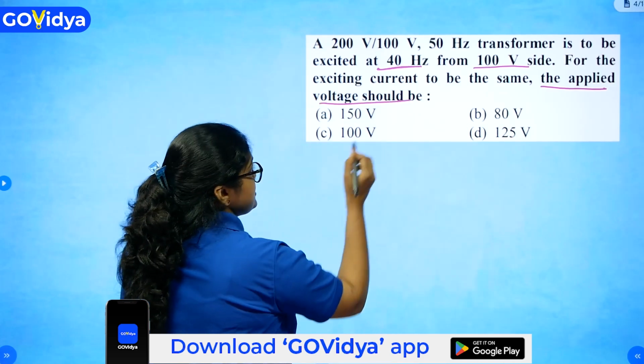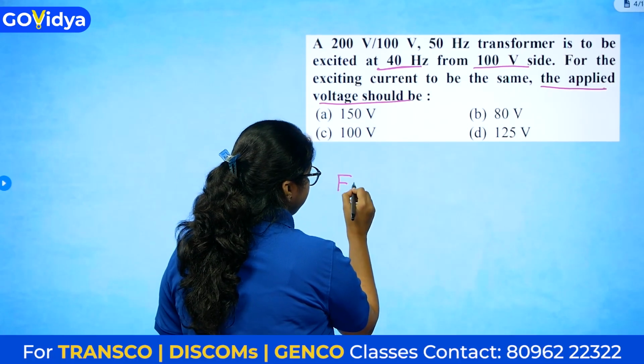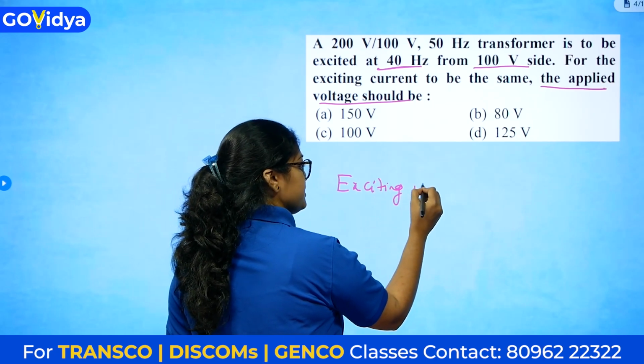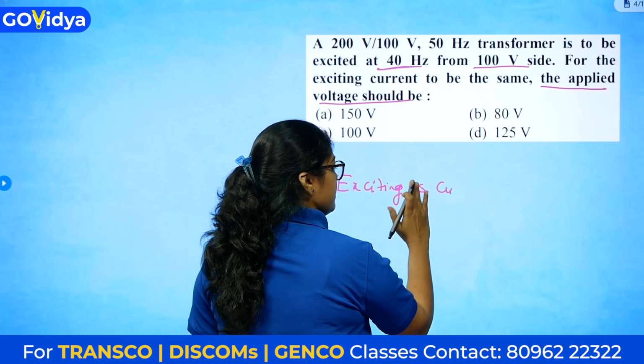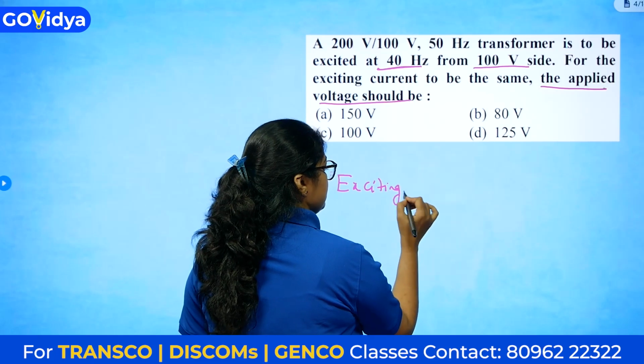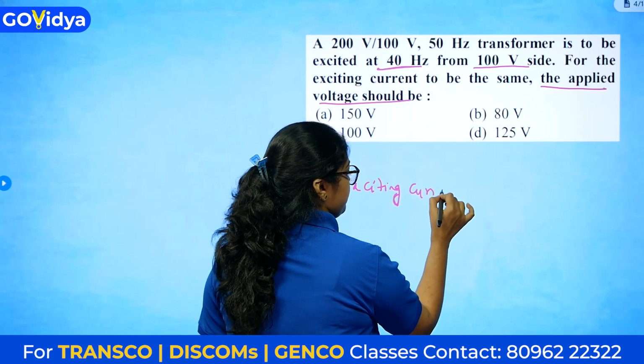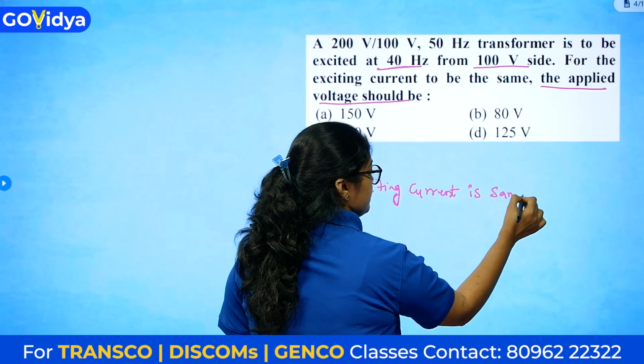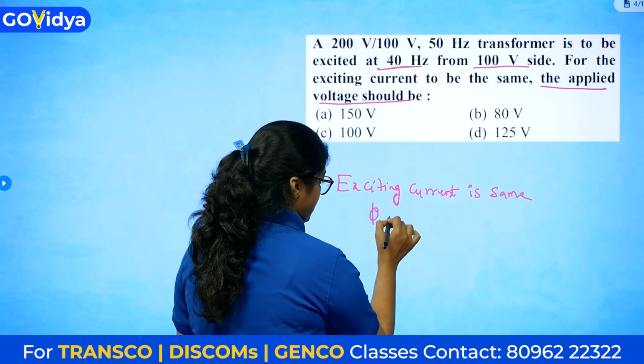So in this question, they have mentioned that the exciting current is the same, which means the flux is constant.